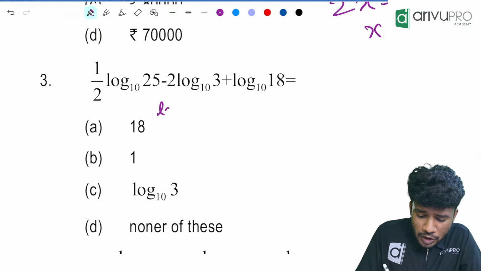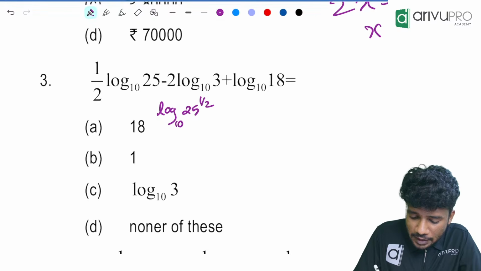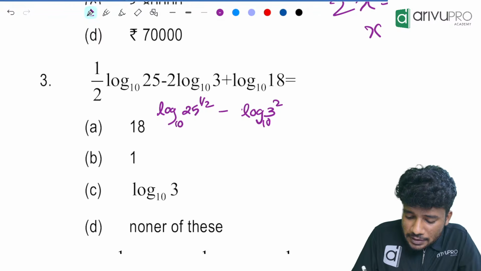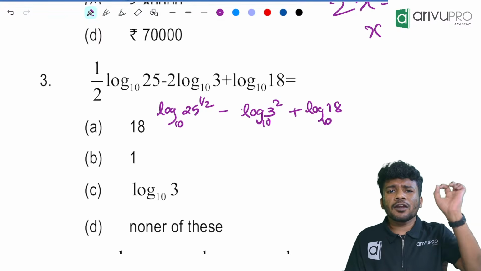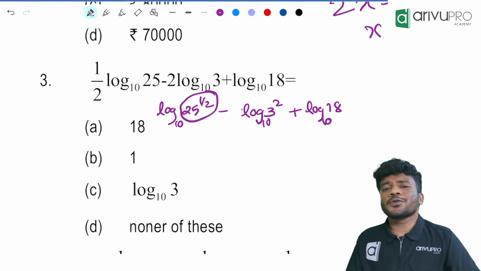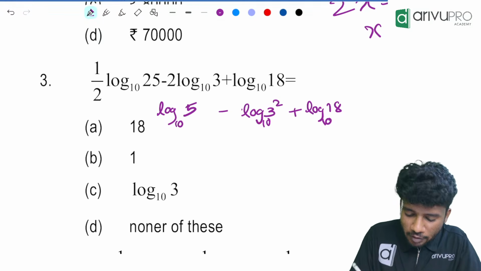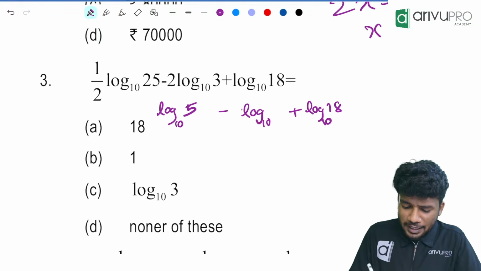So what I will do is log of 25 raised to 1 by 2 to the base 10, minus log of 3 square to the base 10, plus log of 18 to the base 10. It is of the property log A minus log B. First of all, 25 raised to 1 by 2 can be written as 5. 3 square can be written as 9.